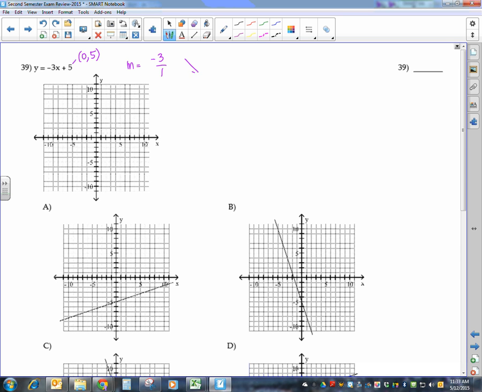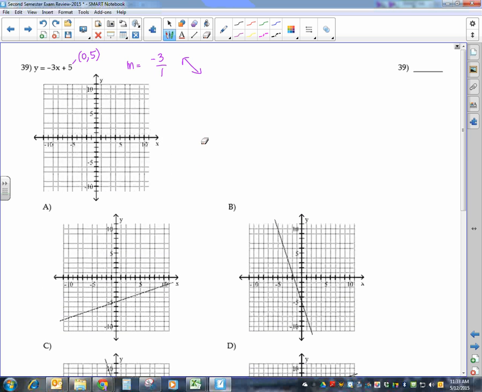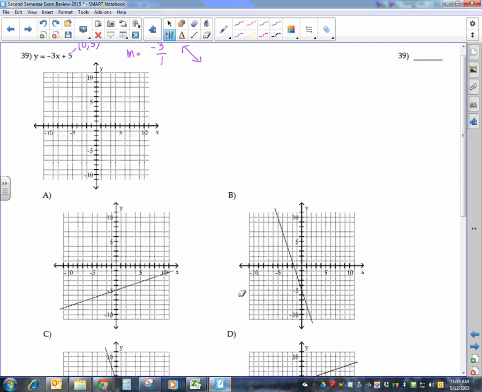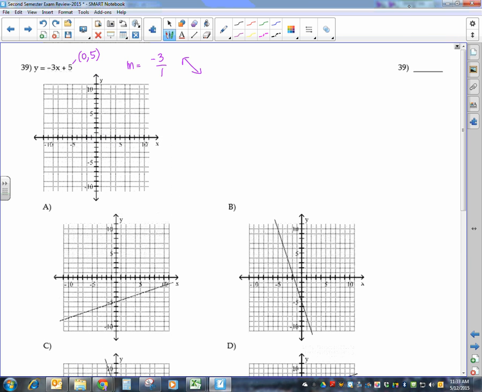So that means that my line is going to fall. Looking at the graphs and figuring out which one goes through at positive 5 and has a negative slope, or falls. So that is not positive 5. That's not positive 5. This one is positive 5 but has a positive slope, so my answer is going to be C.